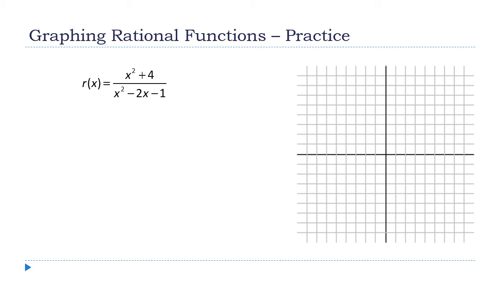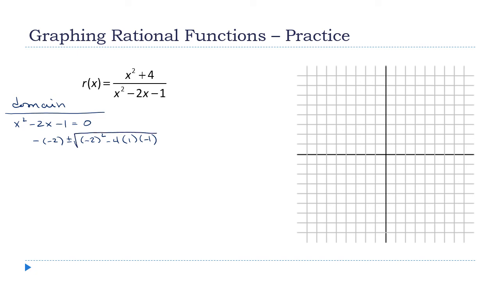Okay, same process. Find the domain. Where does the denominator, x squared minus 2x minus 1, equal 0? Well, I don't think that thing's going to factor, right? Which is fine. We can go to the formula. This is negative negative 2, that's the negative b part, plus or minus the square root of negative 2 squared minus 4 times a times c, over 2 times a. That is 2 plus or minus, what's happening in here?